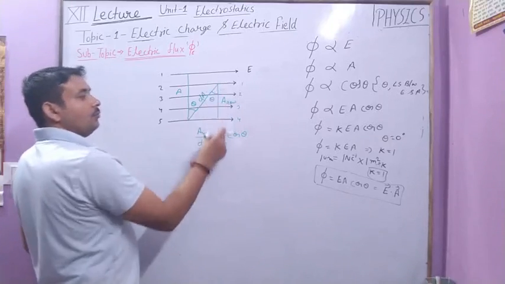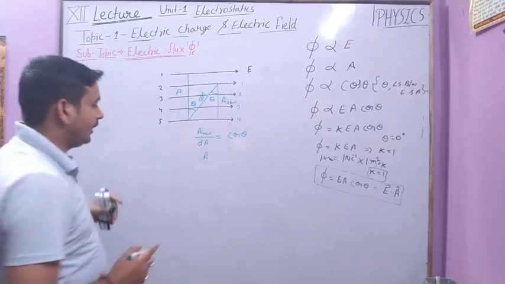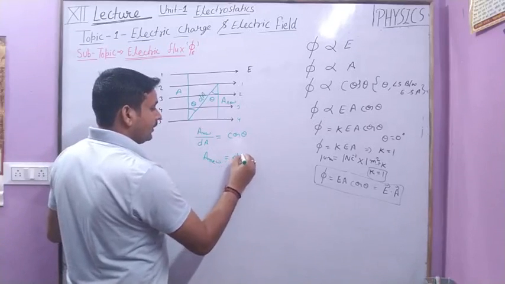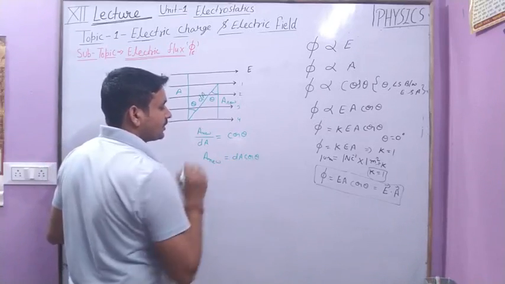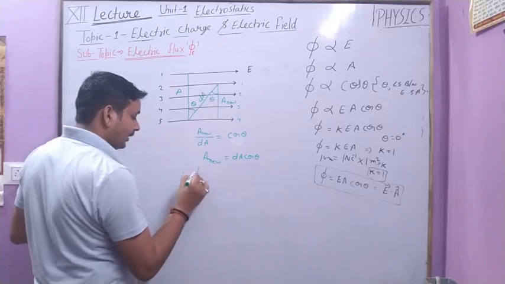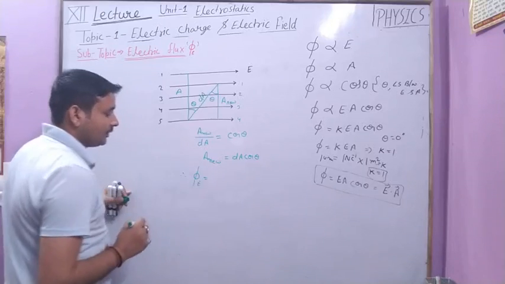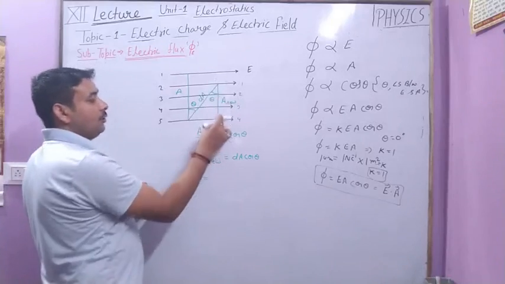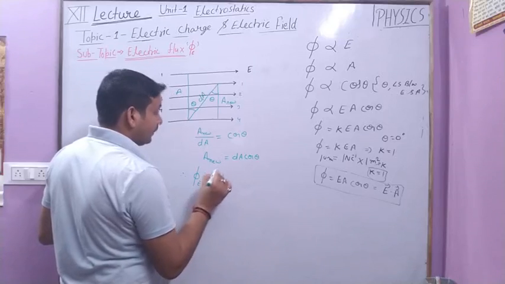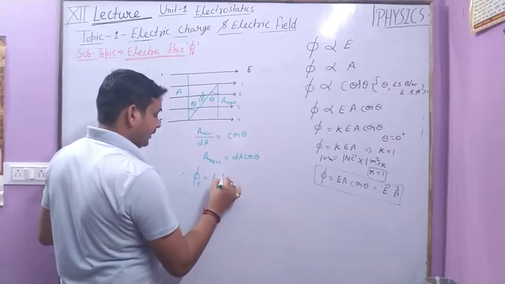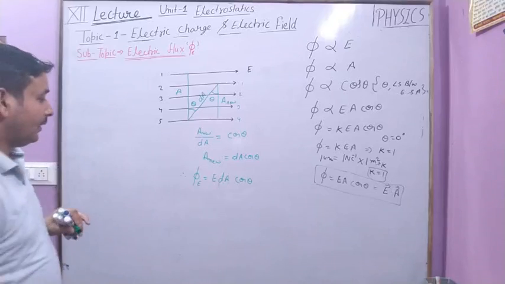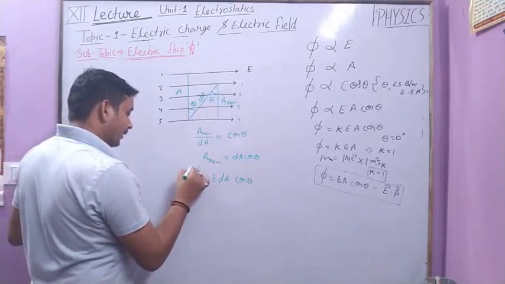Therefore the new area linked with the electric field lines is equal to dA cos theta. Therefore the electric flux linked with the new surface is E dA cos theta. This is a small electric flux.